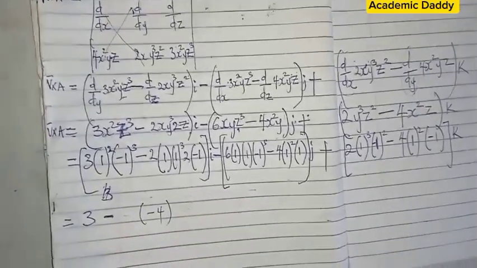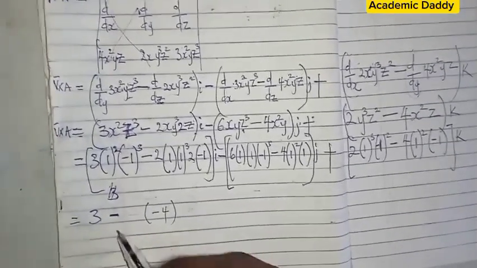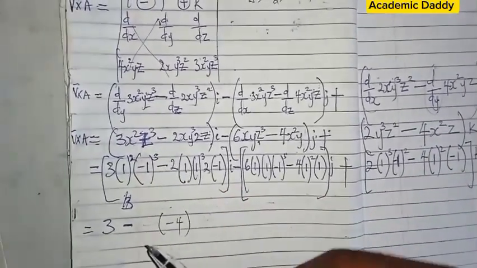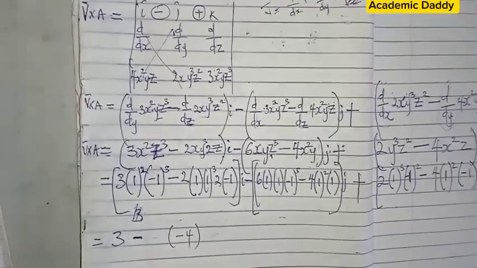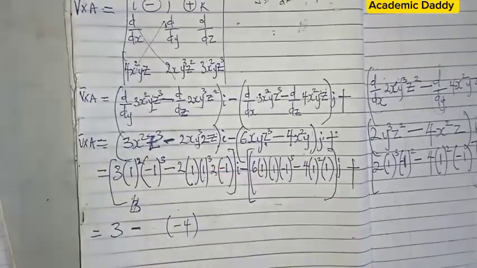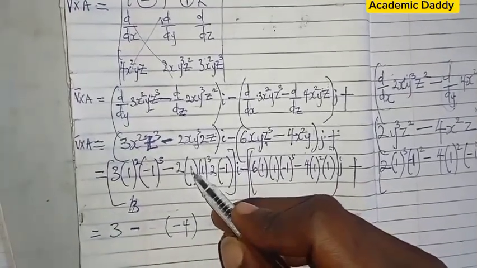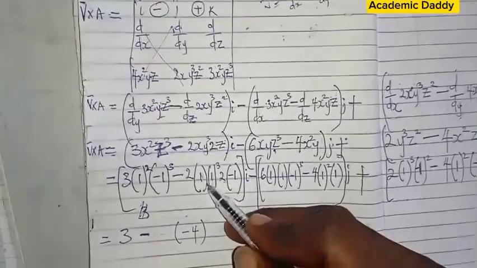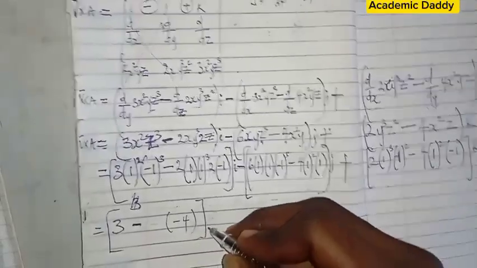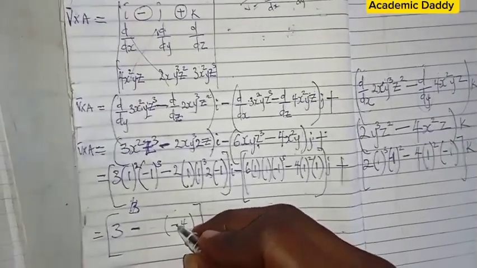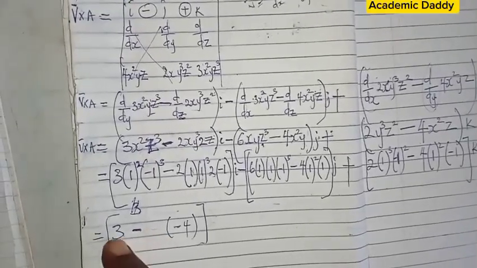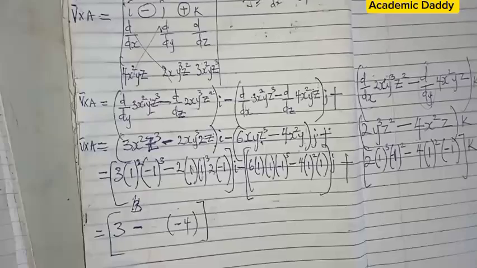Then yes, there's a minus here. Minus minus. Yes, this is the minus that is separating them. It's on its own. So then you do 1 raised to power 1, 2 times, so minus 4. So I have minus, minus. Yes, so 3 minus minus 4 is going to be plus.